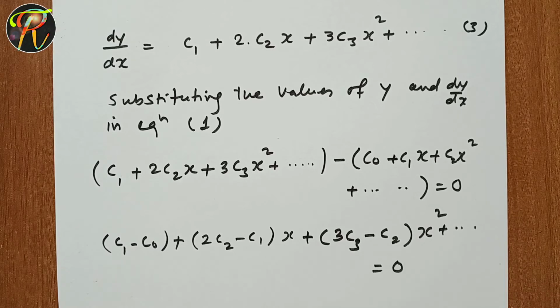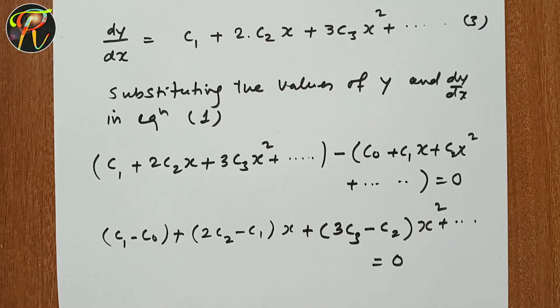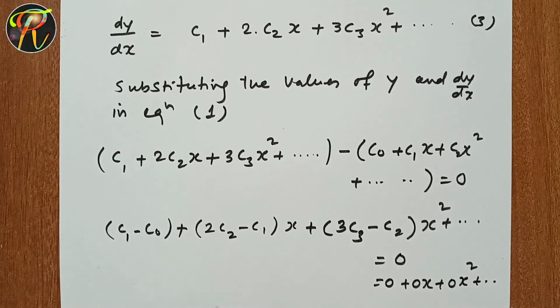Now the right hand side can also be written as 0 plus 0x plus 0x square plus 0x cube up to so on, means equating to 0 the coefficients of the constant, of x, of x square up to so on.